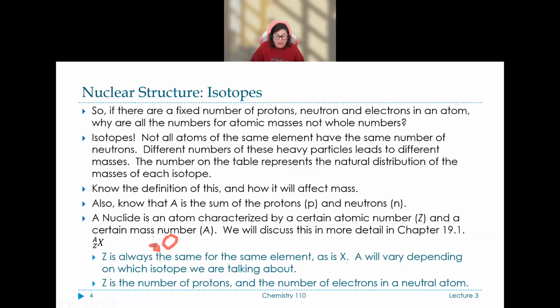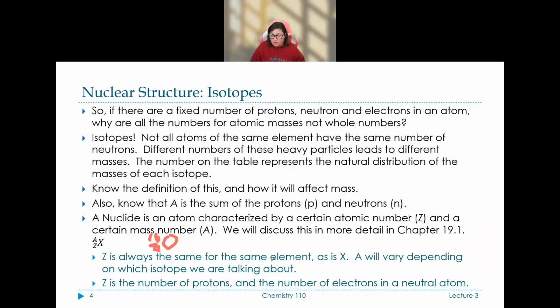One of those is going to be 8, because 8 protons plus 8 neutrons gives me 16 for the mass number. I know that's one of them because oxygen has a mass of 16. So since we have 8 neutrons, we'd put this 16 up here, and that is one of the nuclides of oxygen.